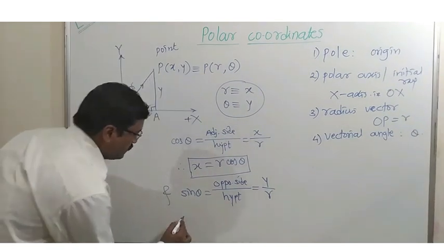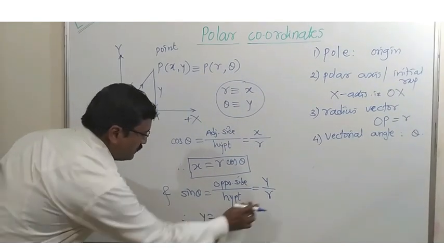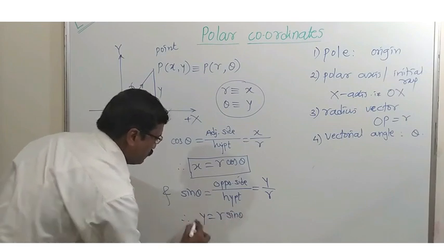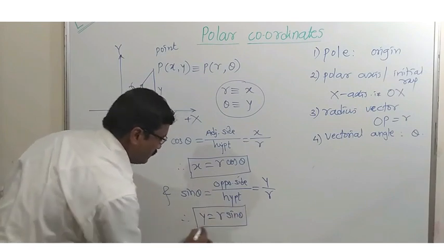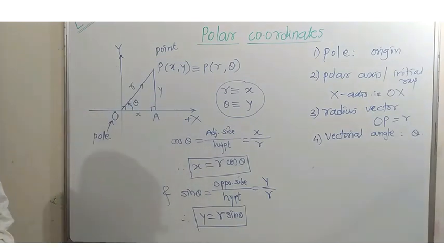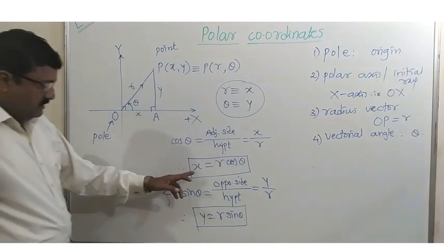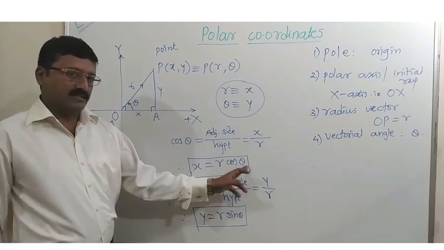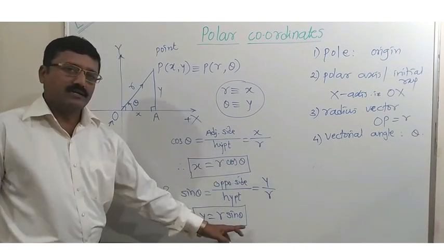So from this again we get y equal to r sin theta. So this y is nothing but r sin theta. So we get these two relations. This is the relation between x, r and theta. This is the relation between y, r and theta.